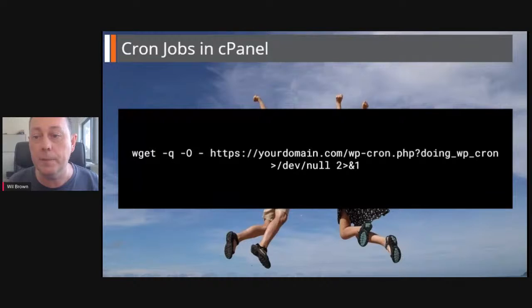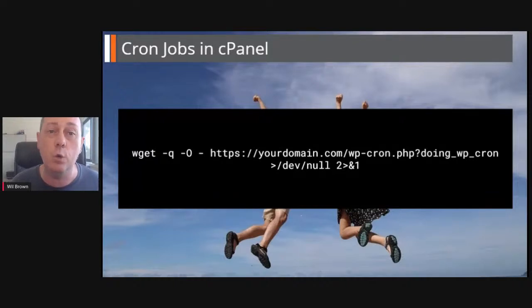Now on the screen here, it's https://yourdomain.com. Obviously, you're going to change yourdomain.com for your actual domain name. So if I was running it on my website, it would be https://zeropointdevelopment.com/. And then the next part of the URL is wp-cron.php. So that's the cron file.